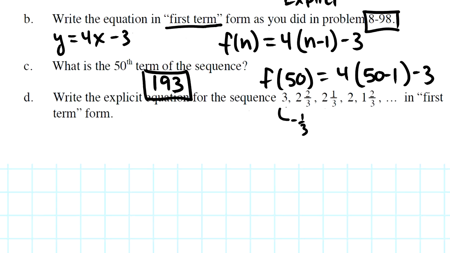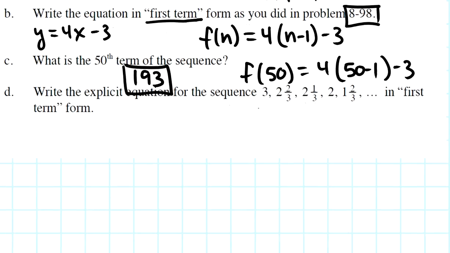If I subtract 1/3 from 3, I would get 2/3. So this goes to 2 2/3 by subtracting 1/3. And if I have 2 2/3 and I subtract 1/3, again, 2/3 minus 1/3 is that.